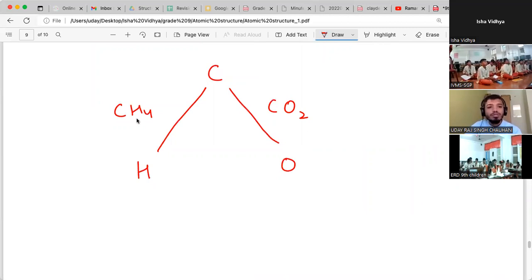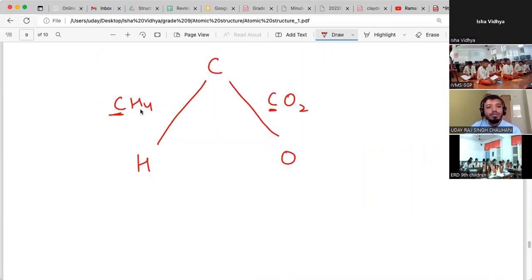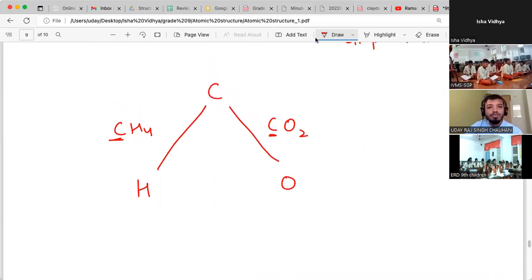So carbon is fixed, 12 and 12. So what is the weight of 4 hydrogens? Each hydrogen weighs 1, so 4 hydrogens weigh a total of 4. Oxygen, what is the weight? 16 into 2, which is 32.